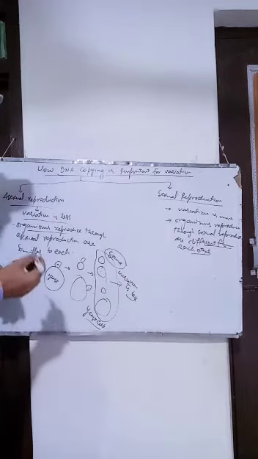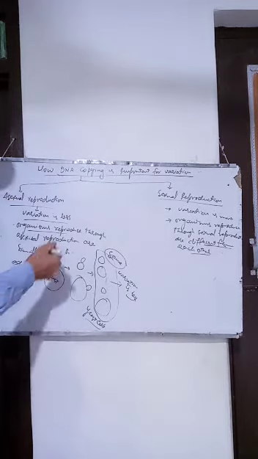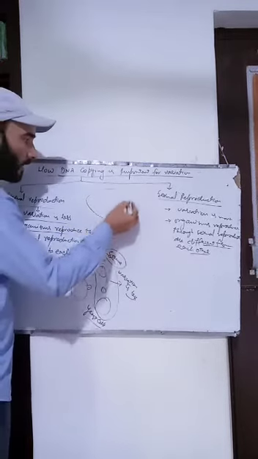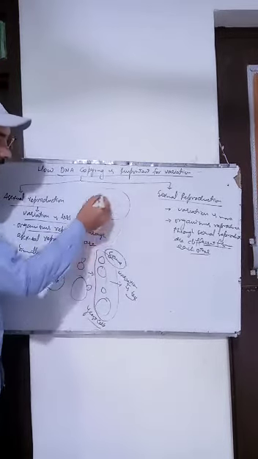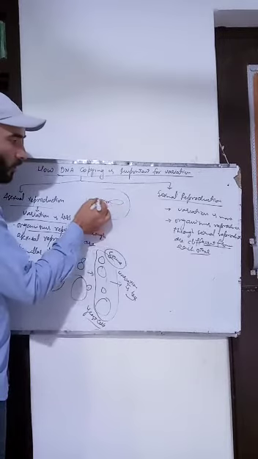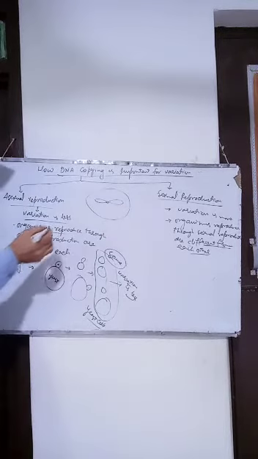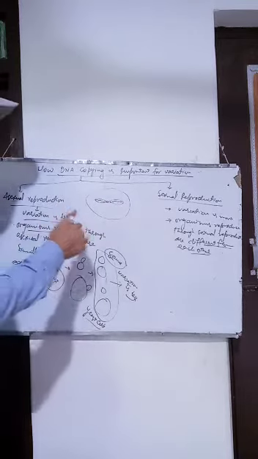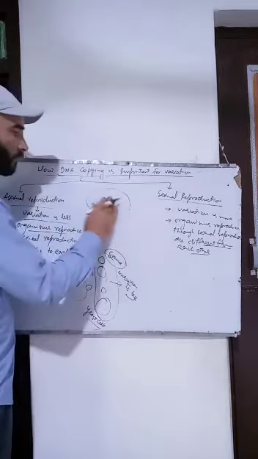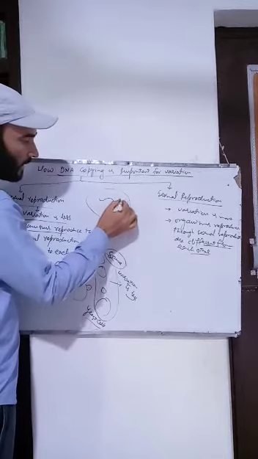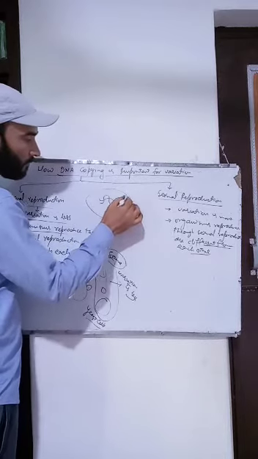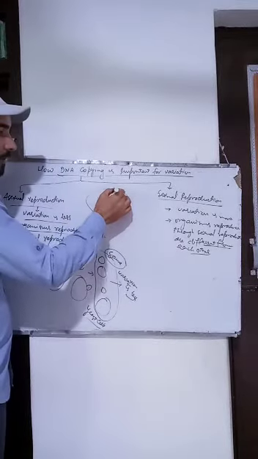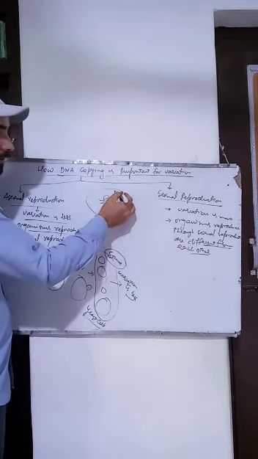Why is variation less? I will explain here. For example, here is a yeast cell having DNA or chromosome. I will explain it with the help of DNA. This is a DNA.